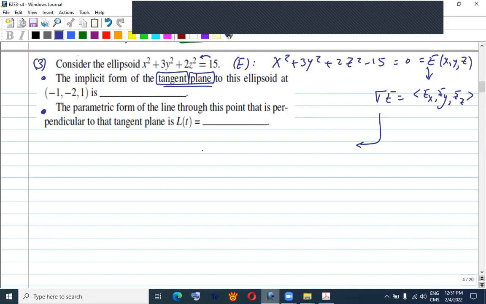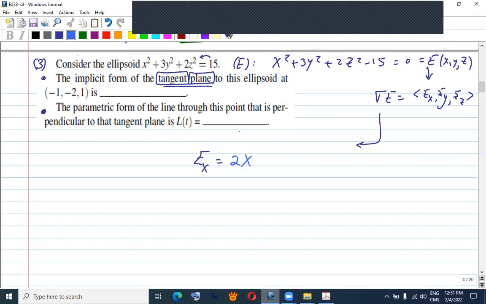How much is Ex? Deriving this with respect to x, you get 2x.